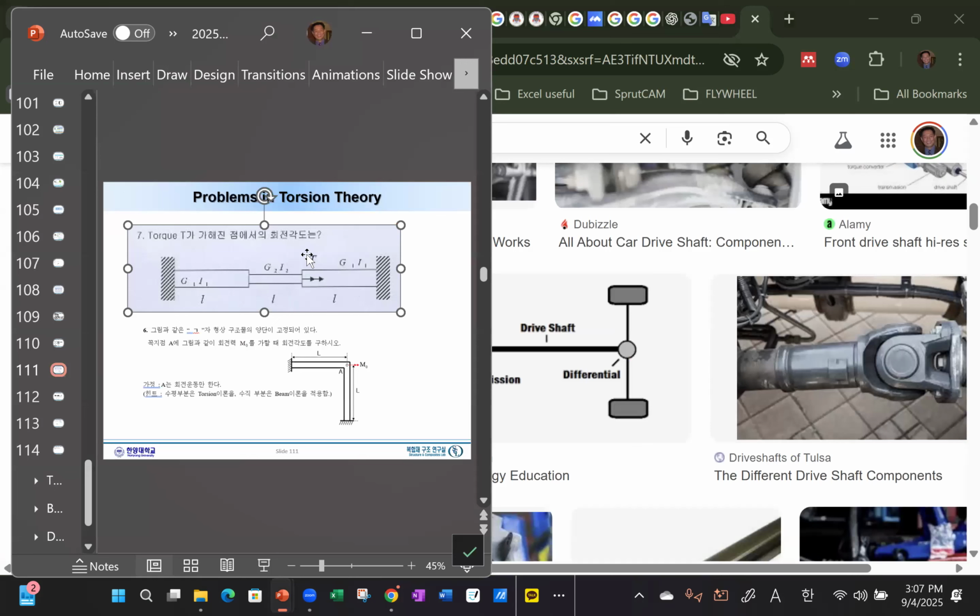Again, my emphasis is like this. Now you as a practical engineer, rather than just solving this problem, you should be able to define this problem from the real world. That's a real mechanical engineer. I hope you understand.